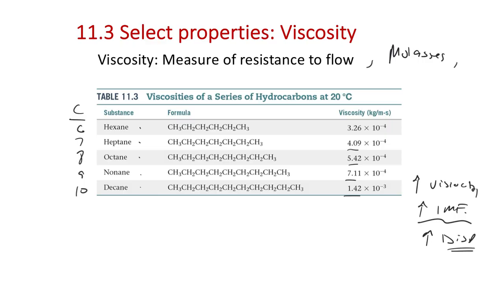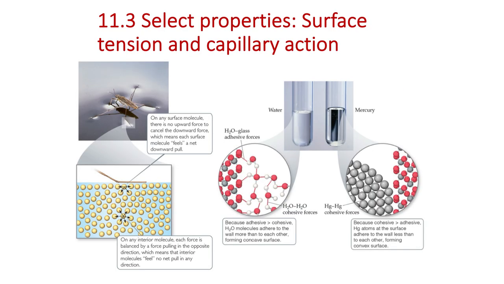Okay, so viscosity is related to intermolecular forces. You increase intermolecular force, you increase that resistance to flow. Capillary action and surface tension also have a relationship to intermolecular forces, so let's take a look at what the two mean. Surface tension is the energy it takes to break a surface.